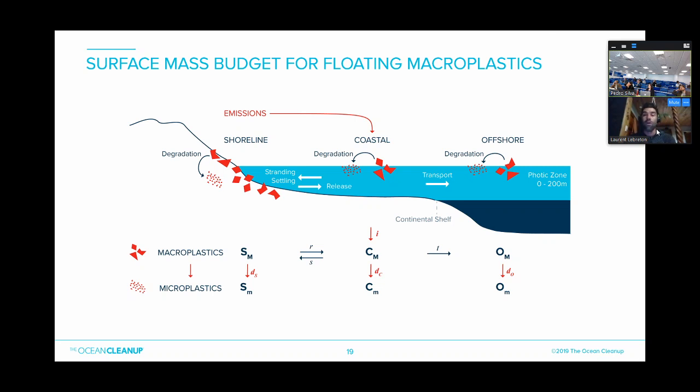In the meantime, all the plastic, whether it's stranded in the coastal environment or in the offshore environment, can degrade into smaller microparticles with a degradation rate that is kept constant per type of plastic. And then the plastic that is stranded can also eventually be released into the coastal environment. We do so year after year from the 50s to the present, and we try to keep track of the age of the population. So we basically have bar charts of the different ages of the total plastic that is in all our compartments, right?